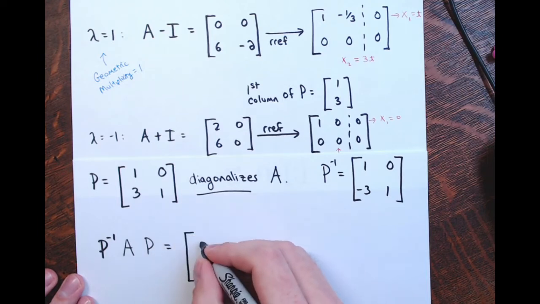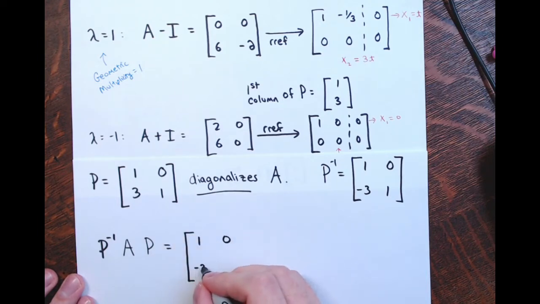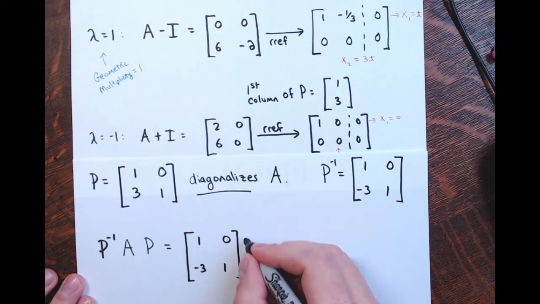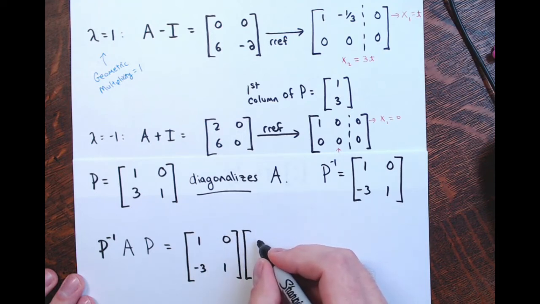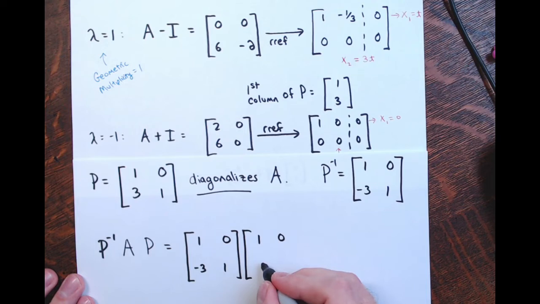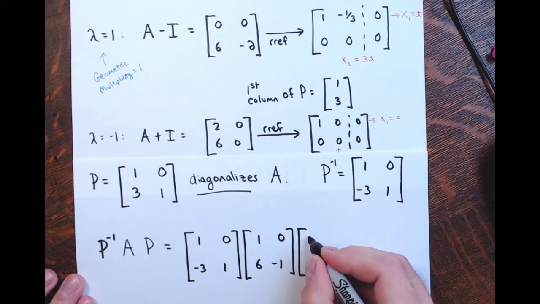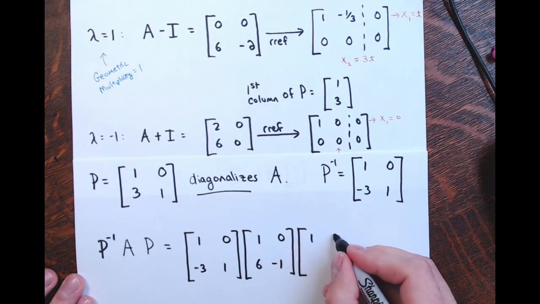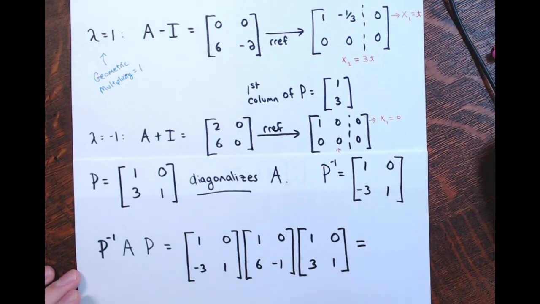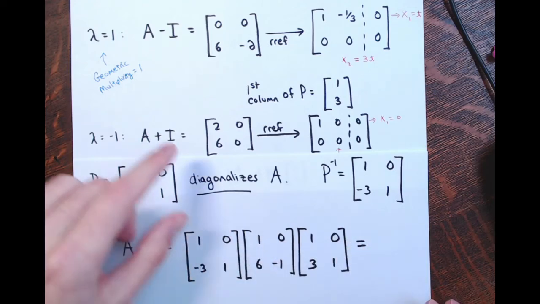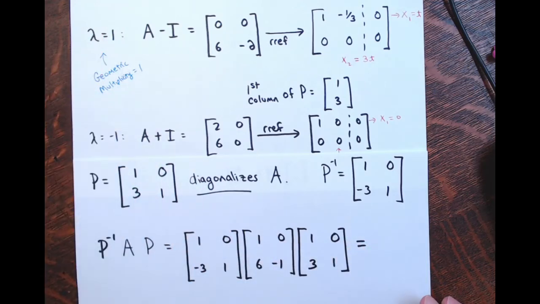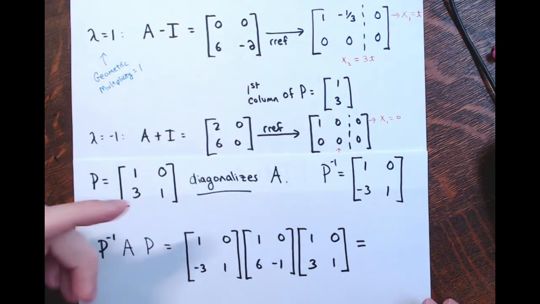P inverse times A, which was 1, 0, 6, negative 1, times P. And if I did everything correctly, what we should end up with is a diagonal matrix where down the main diagonal I'll have 1, then negative 1, because I put those vectors in that order.